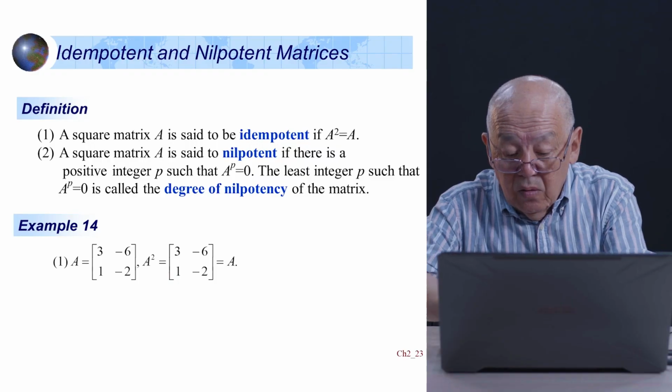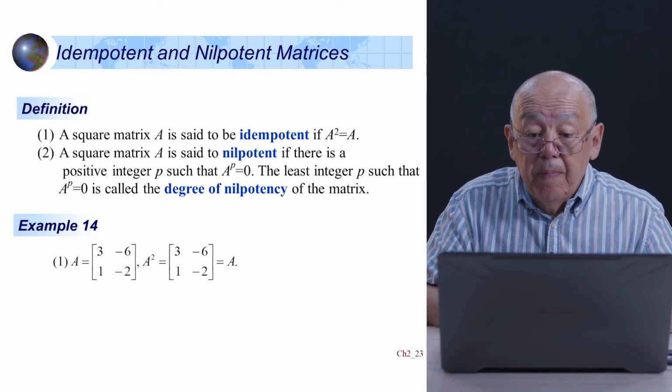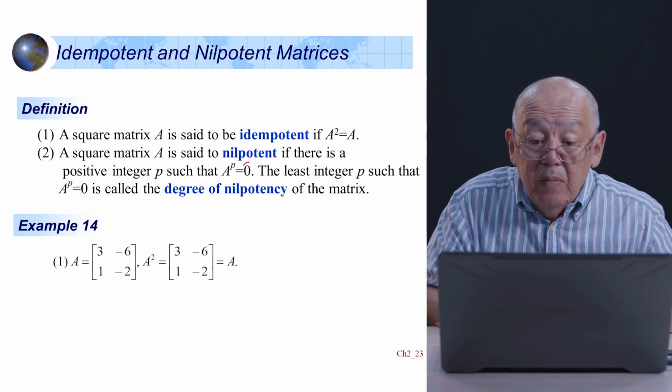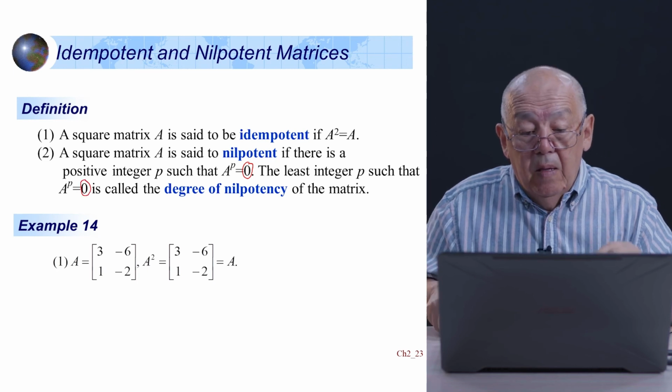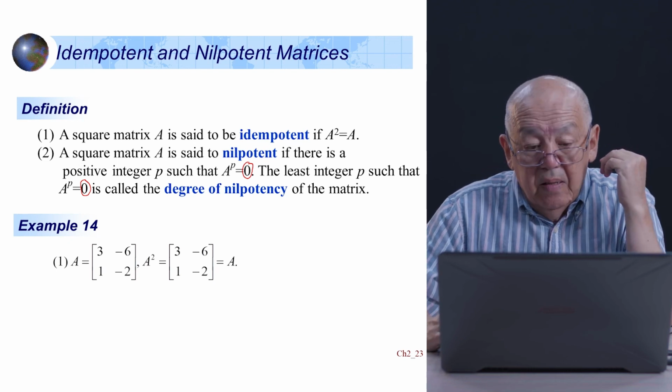A square matrix is said to be nilpotent if for some positive integer its pth power is the zero matrix. Here should be not the number zero, here should be O, the zero matrix. Sorry.